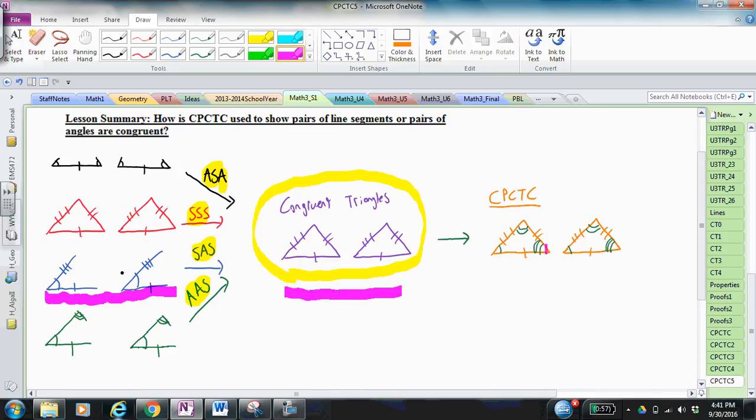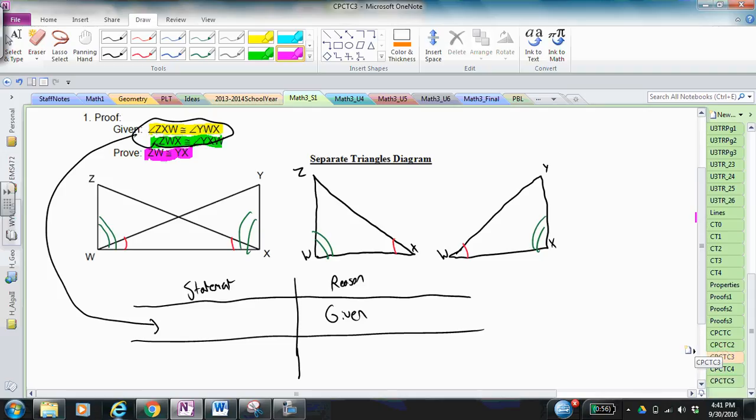Then we could use that to say that these third angles were congruent by CPCTC. So you see the process, it has to first be one of the four things, and then once we've shown they're congruent, we can use CPCTC to talk about their parts and justify why those parts are congruent. So here, first we have to show that the triangles are congruent.